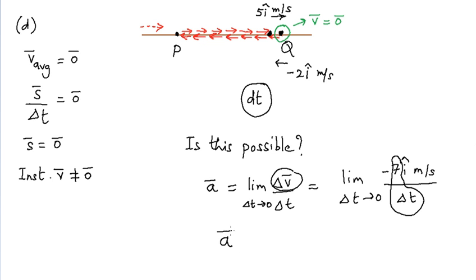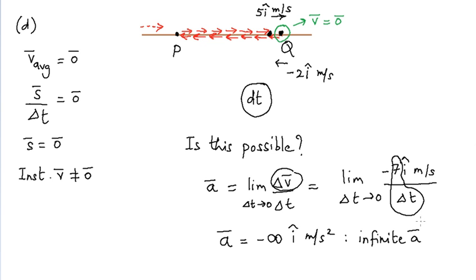The instantaneous acceleration in the time interval dt under consideration is the limit of this term as delta t tends to 0. So obviously it's going to be minus infinity i cap meters per second square, which means we have a situation of infinite instantaneous acceleration just before point Q is reached.